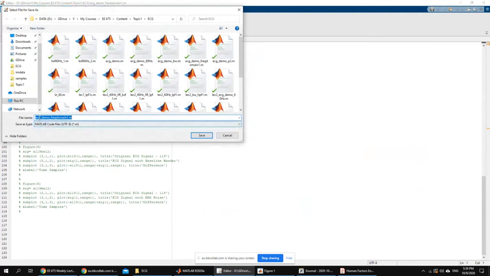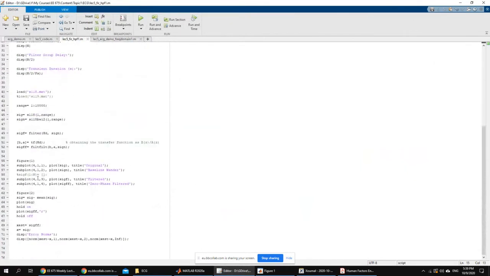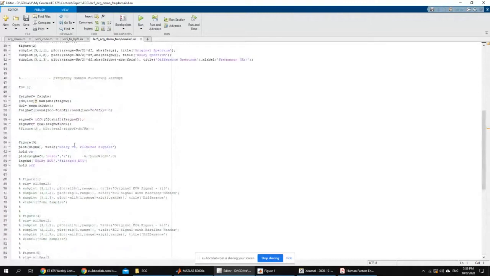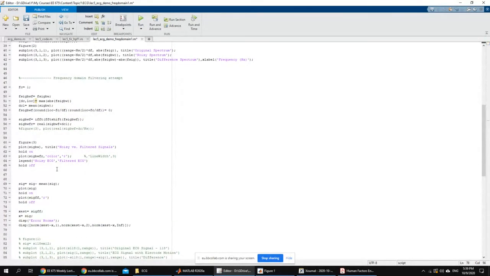Just save it. So I can just take the same exact code here. Maybe I can take that one as well. Now SIG, I think I have SIG here.